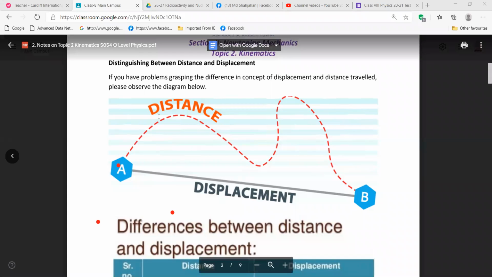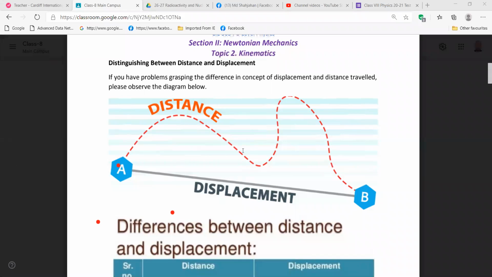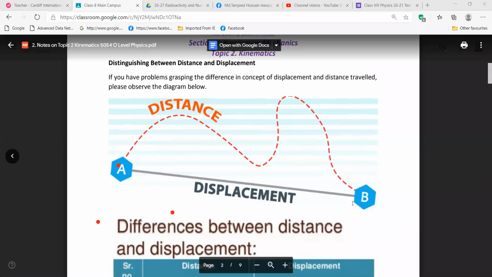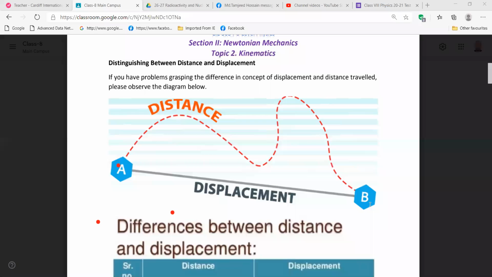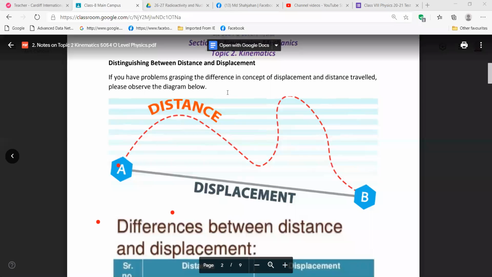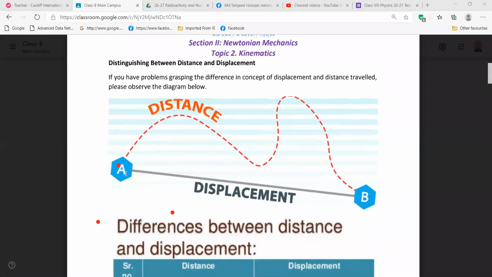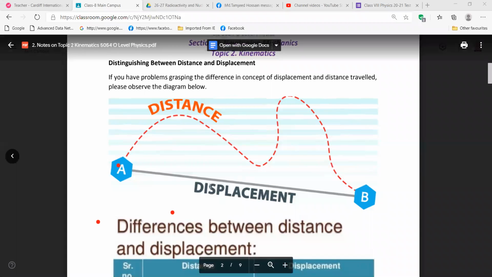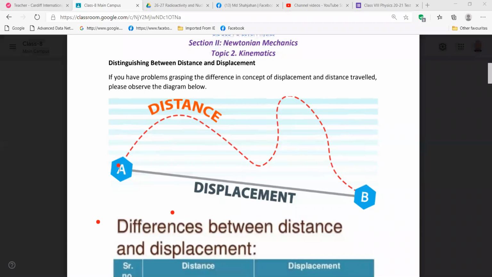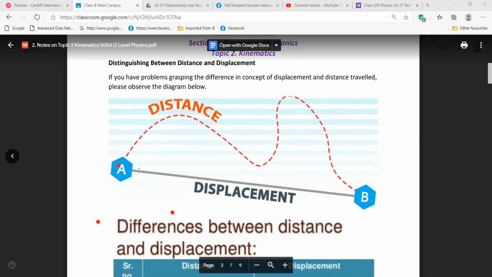Sometimes he is going left, then right, left, right. This way he is reaching B. So the direction is not fixed. That is called distance. Then displacement is A to B directly, no change in direction.